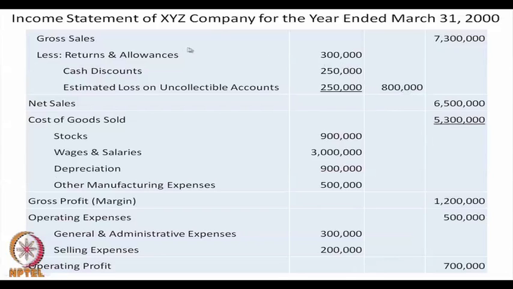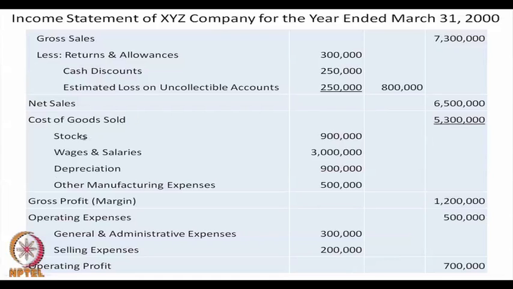Gross sales is actually the unit price multiplied by the number of units sold, but if we subtract this, then we get the net sales as 6,500,000 rupees. From this, we subtract the cost of goods sold.